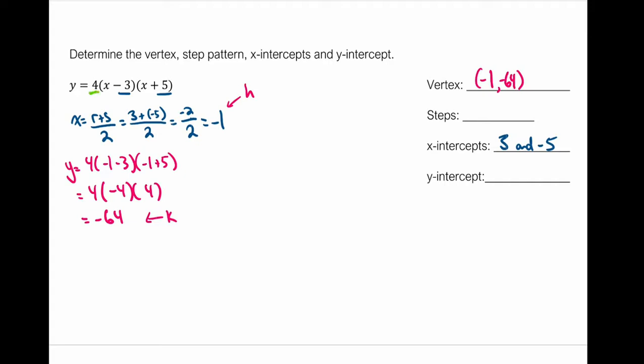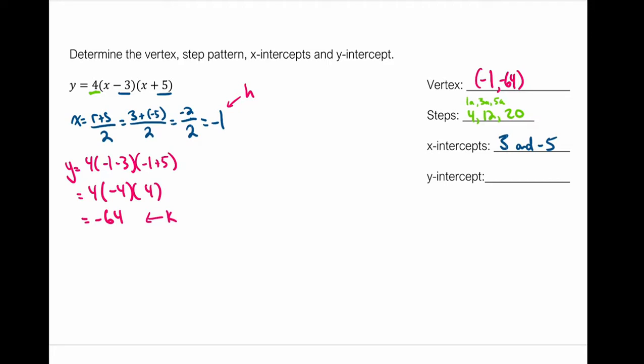The steps, again, I get from the a value, follows that pattern, 1a, 3a, 5a. So 1 times 4 is 4, 3 times 4 is 12, 5 times 4 is 20. So there's our step pattern. Same thing that we've done before.